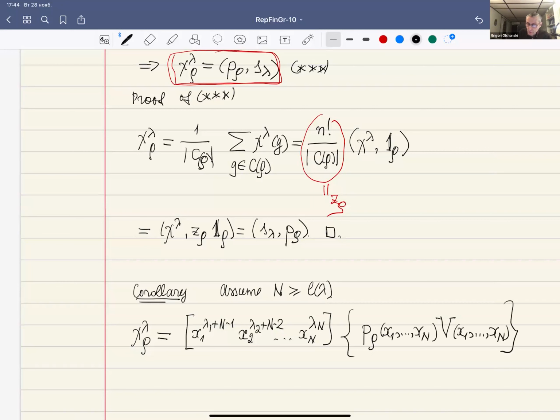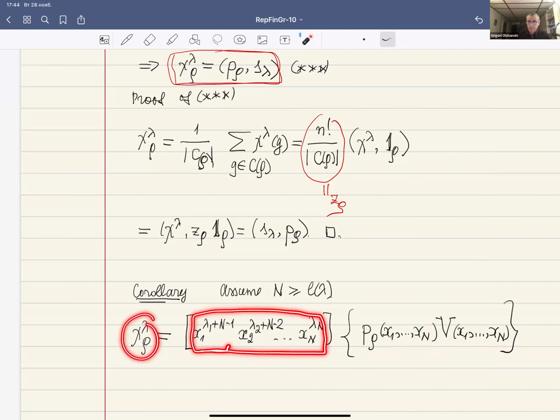In order to calculate this quantity, we can do the following. Take the Vandermonde determinant, multiply it by these power sum symmetric functions, which are actually polynomials in capital N variables, and extract the coefficient corresponding to this monomial. This is what we want.